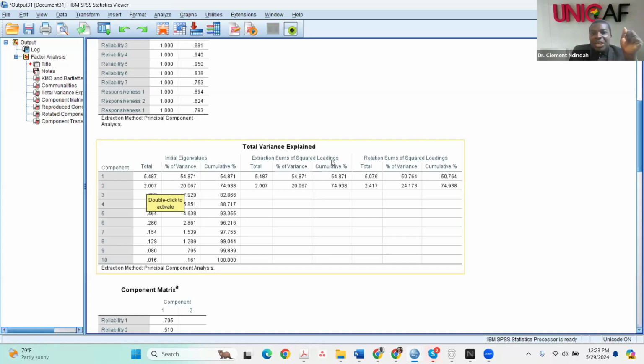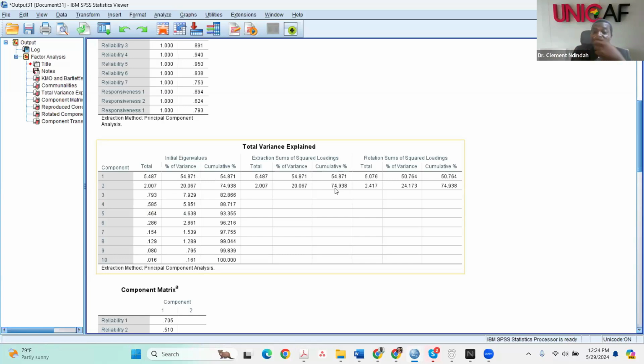And when we look at the cumulative loading, it shows us that these 2 factors explain 74% of the variation in all those 10 variables. So if we categorize the variables following these two categories, we are going to be explaining 74% or close to 75% of the variation between those variables.